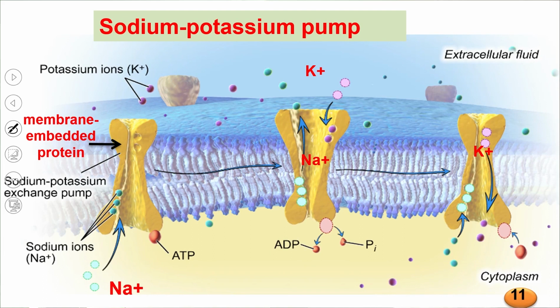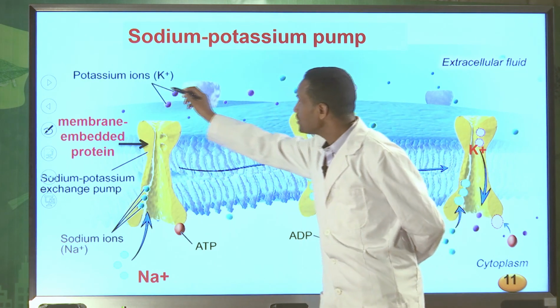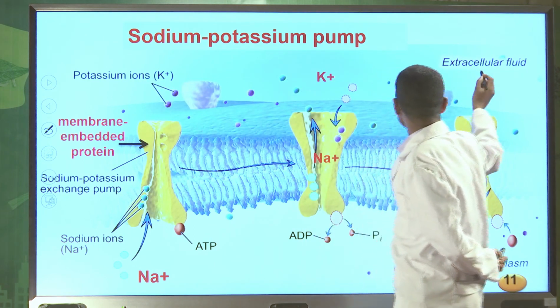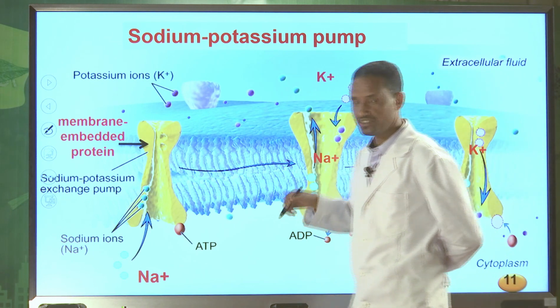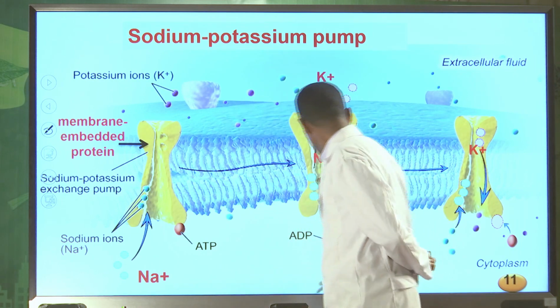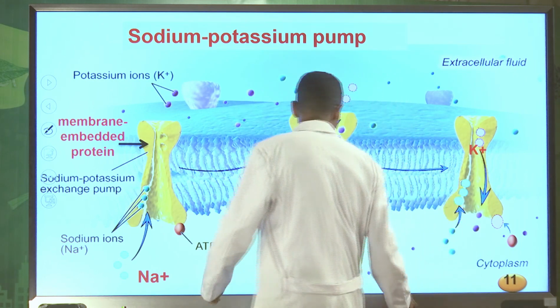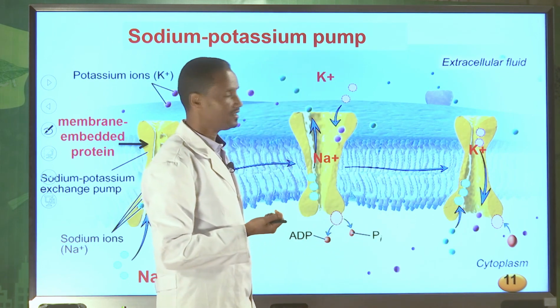Here, normally, the potassium ion is found in the extracellular fluids, that means the fluids around the cell. And the sodium ion is found inside the cell, that means in the cytoplasm of the cell.